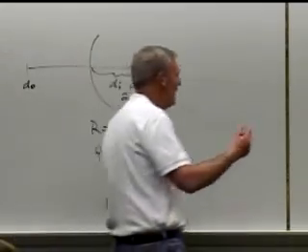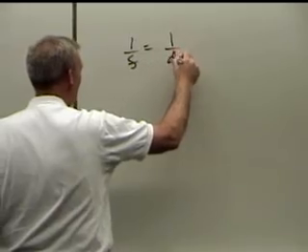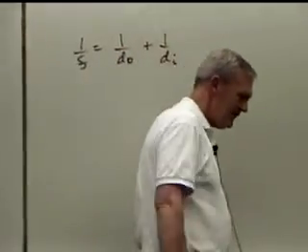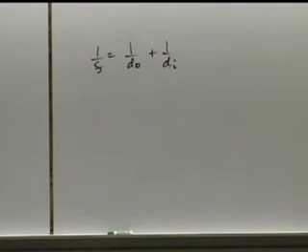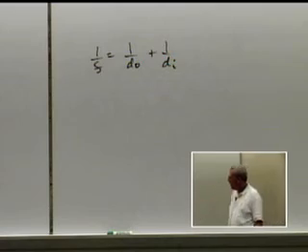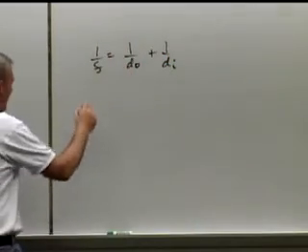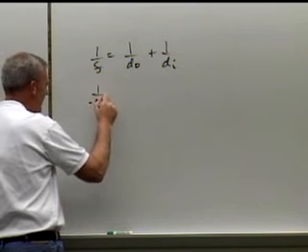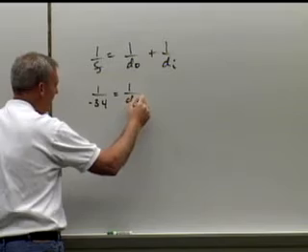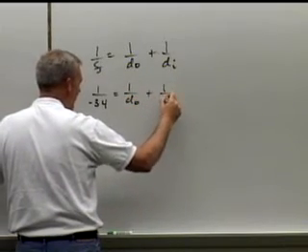All we have to do is this: 1 over F equals 1 over DO plus 1 over DI. And we have to be very, very careful about where we put our negatives. So we go 1 over negative 34 equals 1 over DO plus 1 over negative 22.